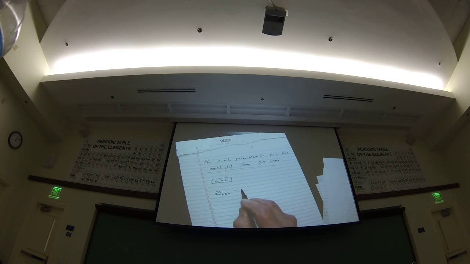Van der Waals compressibility turns out to be equal to V over V minus b, minus a over R T V. And I think you'll be surprised how well it does. It won't be perfect.